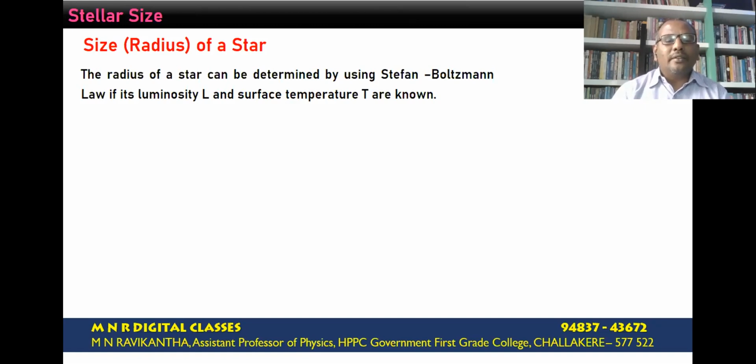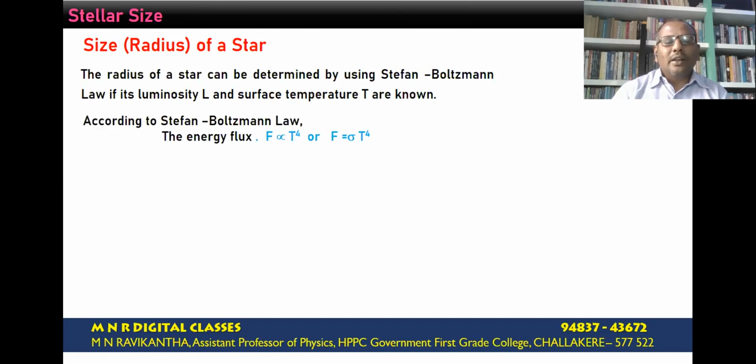The actual size or the radius of the star can be determined by using Stefan-Boltzmann's law. If L is the luminosity and T is the surface temperature, if you know these two parameters, then we can easily estimate the size of the star using Stefan-Boltzmann's law. We already know that Stefan-Boltzmann's law gives the estimation of energy flux as a function of temperature.